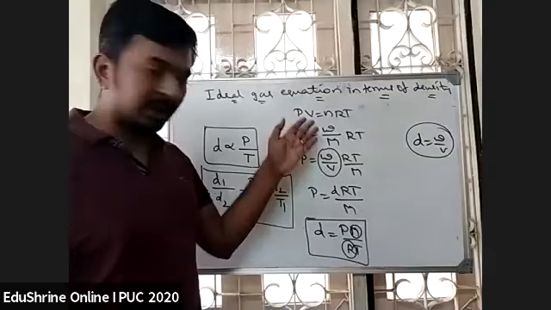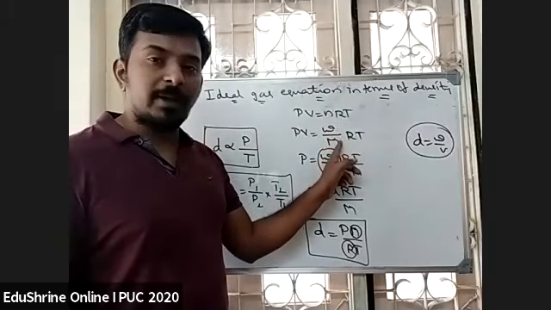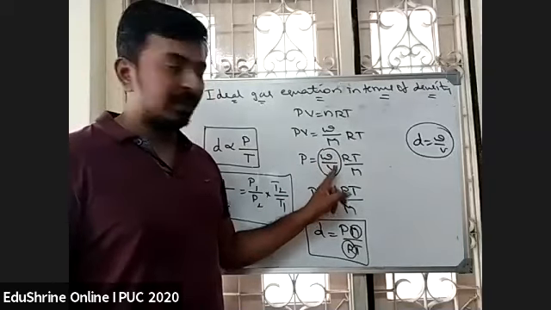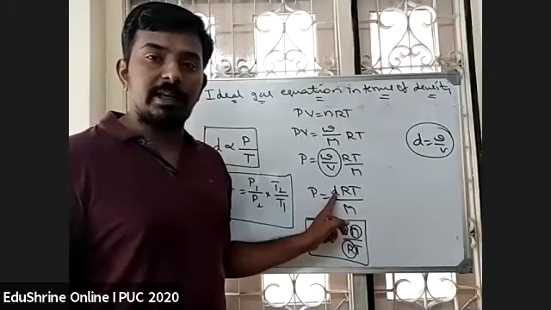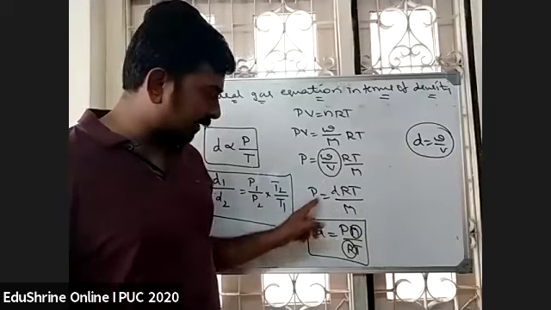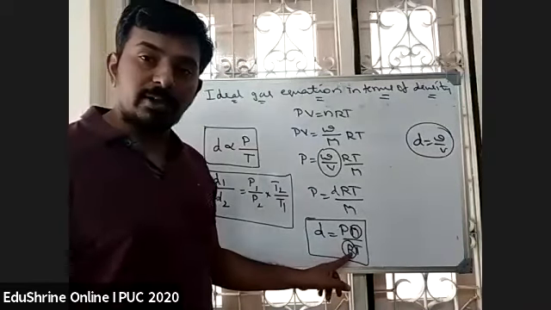Everything is here only, no? Instead of the number of moles, I have written mass by molar mass. Send this V this side, you will get mass by volume. Mass by volume is nothing but density. Instead of W by V, I have written D. So in terms of D, send this M this side, RT this side. It becomes PM by RT. So this is a constant, this is also a constant.